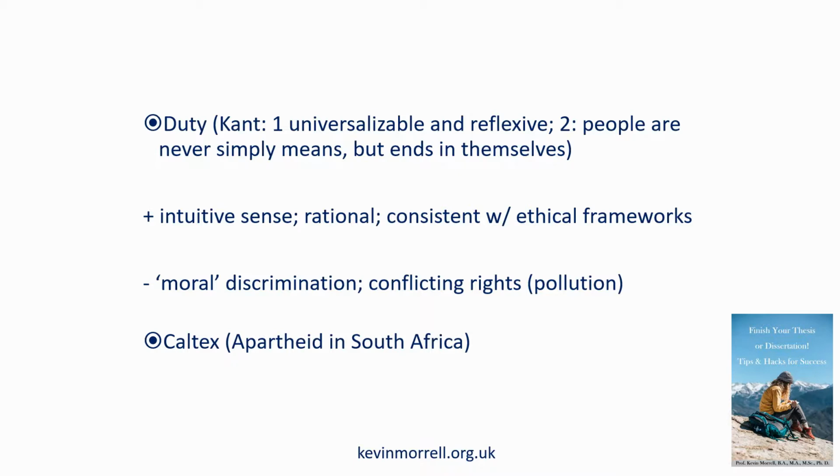A case sometimes used to illustrate it is of Caltex, who operated in South Africa during the era of apartheid, which was state-enforced discrimination on a number of levels according to race and ethnicity. Caltex argued they were providing a beacon of fairness because they didn't discriminate amongst workers at their plant based on race and ethnicity.